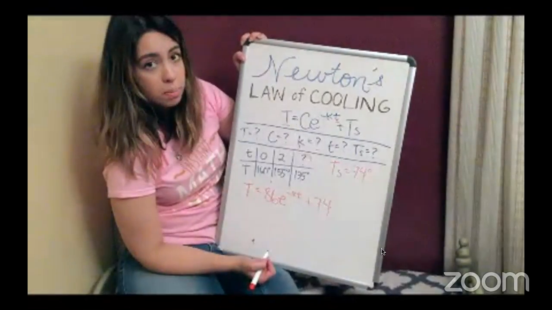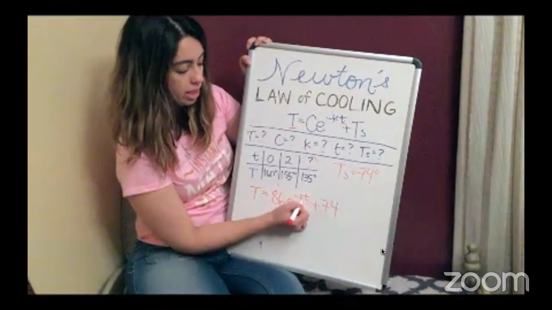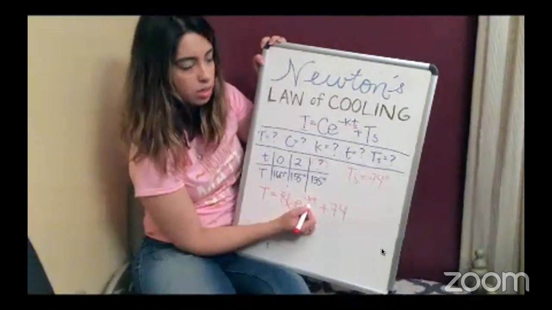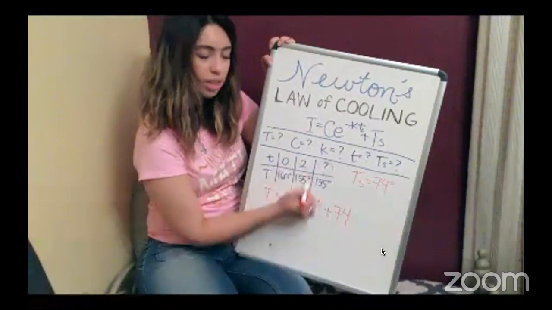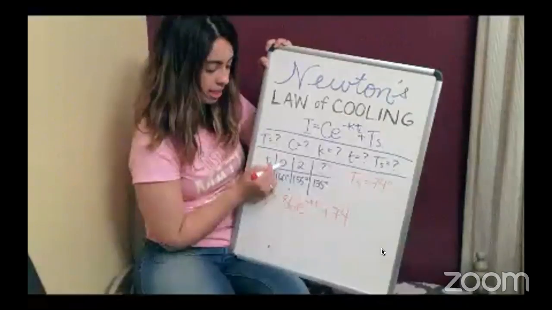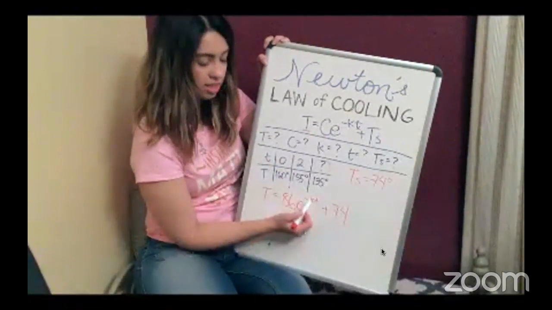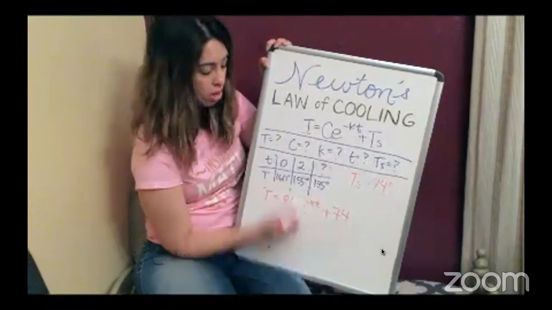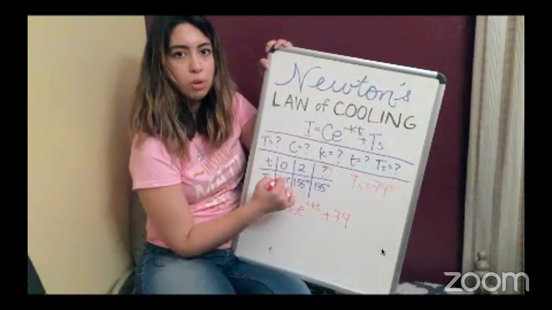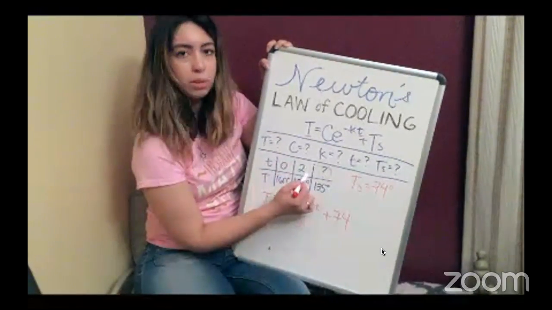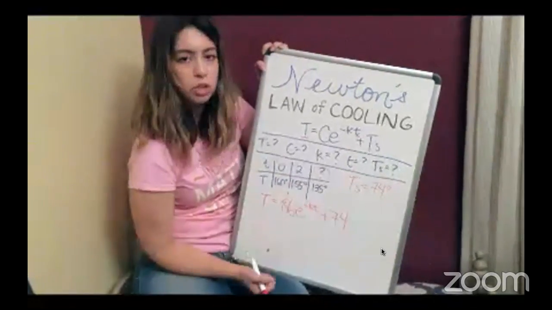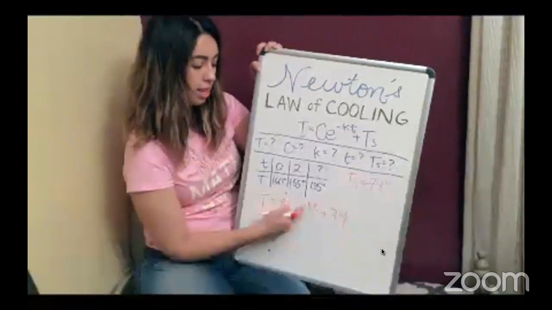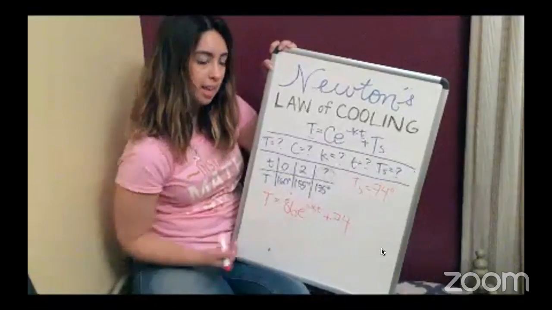The next step is we need to figure out what this k constant is. So we'll use the next information. If we plug in 0 again, it's going to make this k go away because 0 times k is going to become 0. So we don't want to use this information anymore. We're going to move on to plug in 2 and 155 degrees, and then we'll solve for k that way.